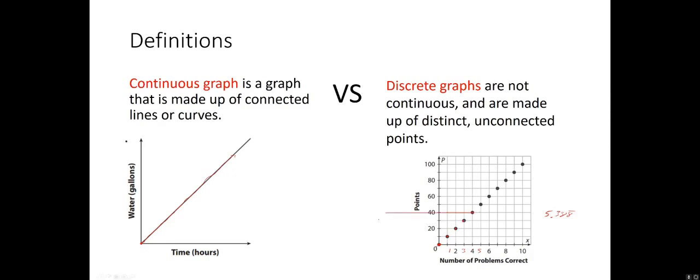That usually just tells you right off the bat that this is discrete. Also called discontinuous. Some people say that, but we like to say discrete. So notice the difference between the two. One is continuously drawn as a line or a curve, and discrete is just a whole bunch of unconnected points.